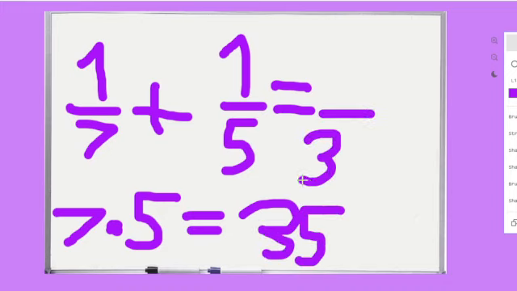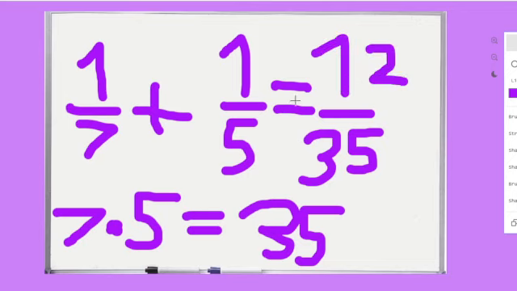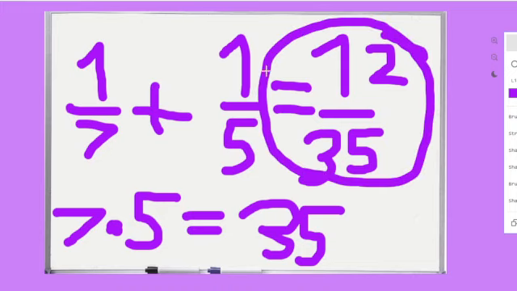That's going to be what's down there. And then you put 12 here. And that's the answer for this question.